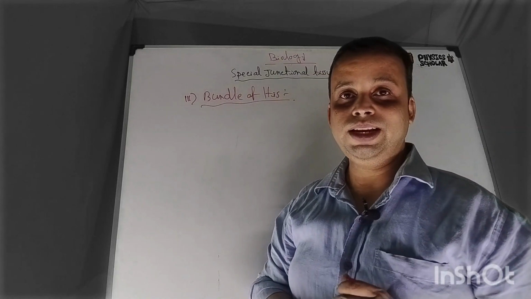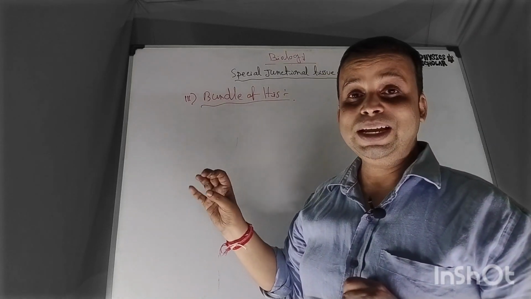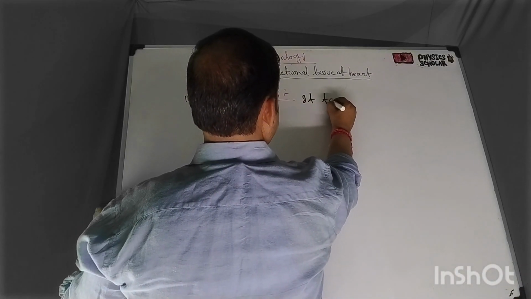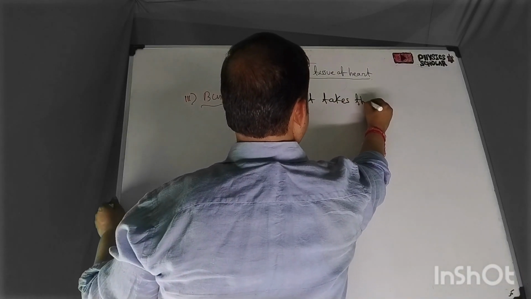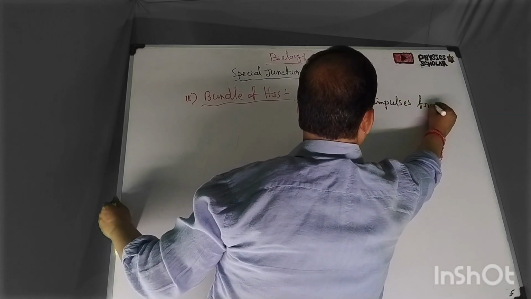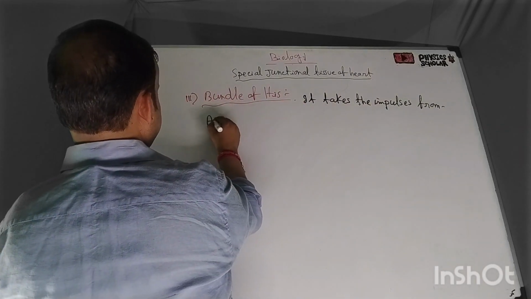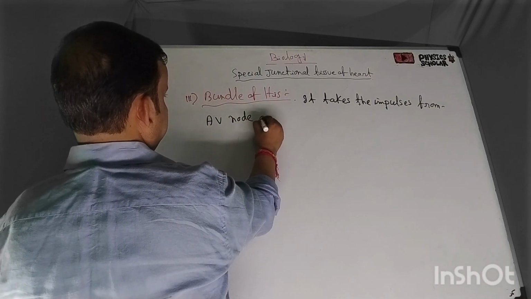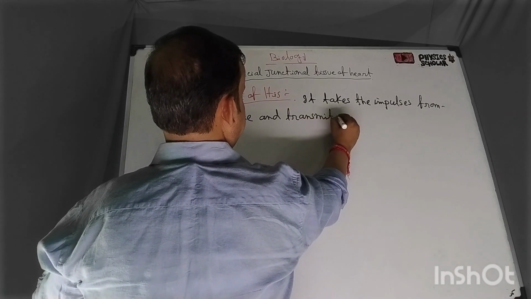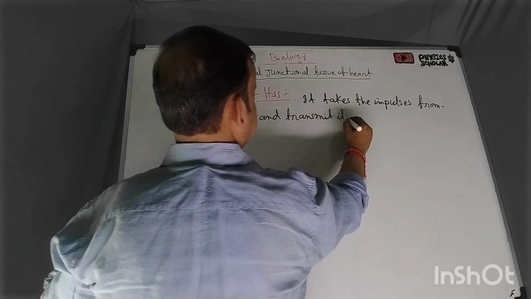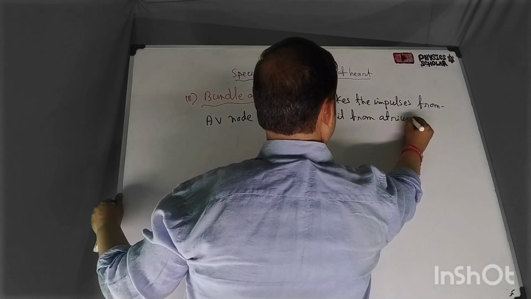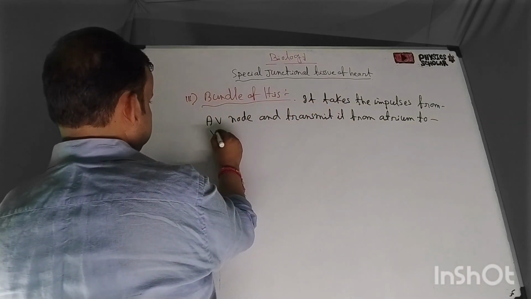So this basically takes the impulses from the AV node and transmits them from the atrium to the ventricle.